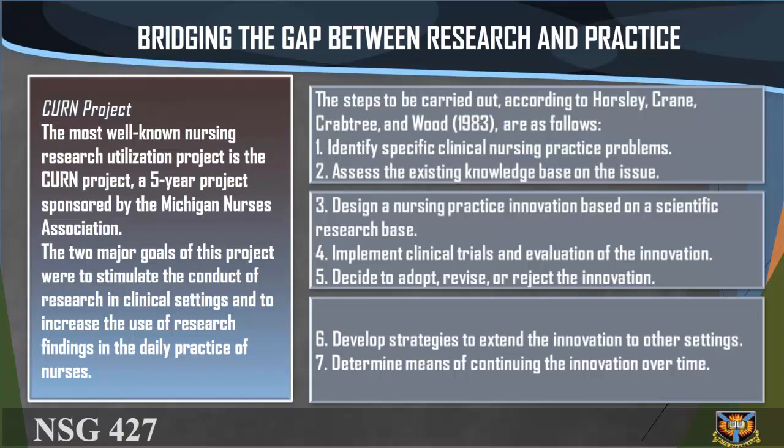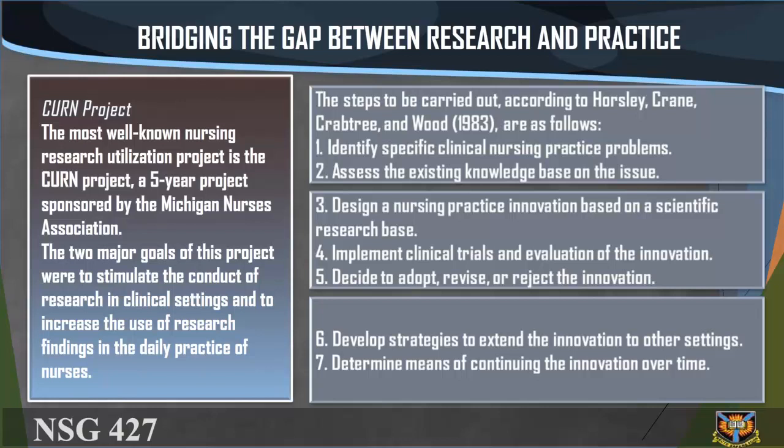The steps to be carried out, according to Horsley, Crane, Kirkbride, and Wood, 1983, are as follows. 1. Identify specific clinical nursing practice problems. 2. Assess the existing knowledge based on the issue. 3.